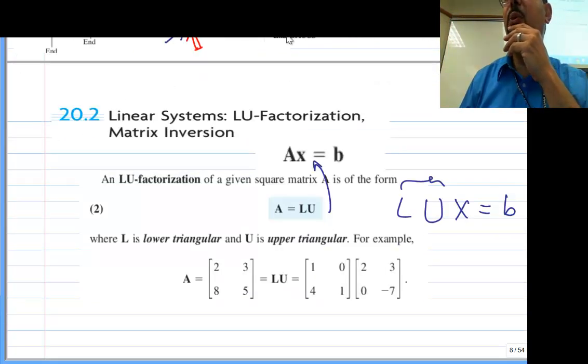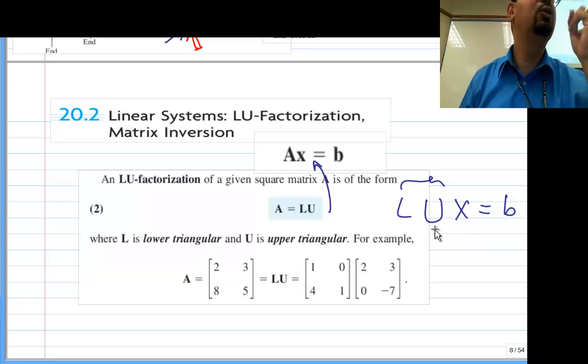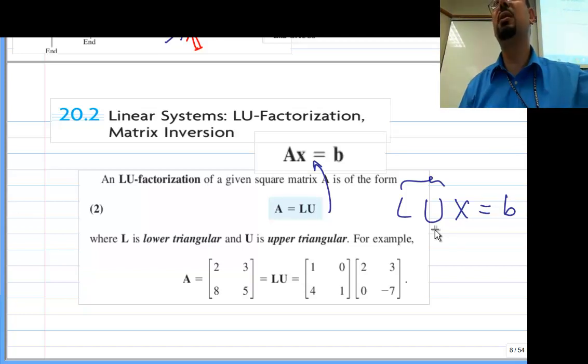So is there any hope we can use the back substitution right now? I'll give you a hint. Two back substitutions is all we need right now to get the solution. How is that possible? With two back substitution steps, you can get the solution for x.